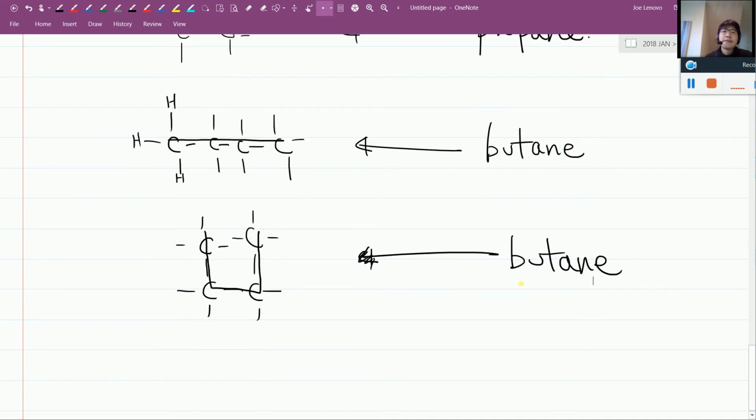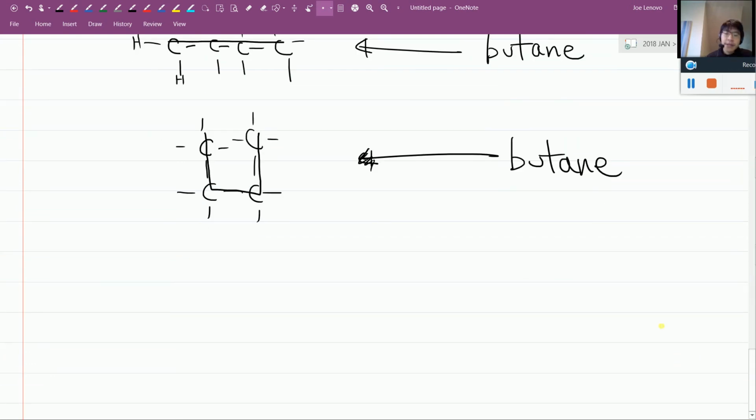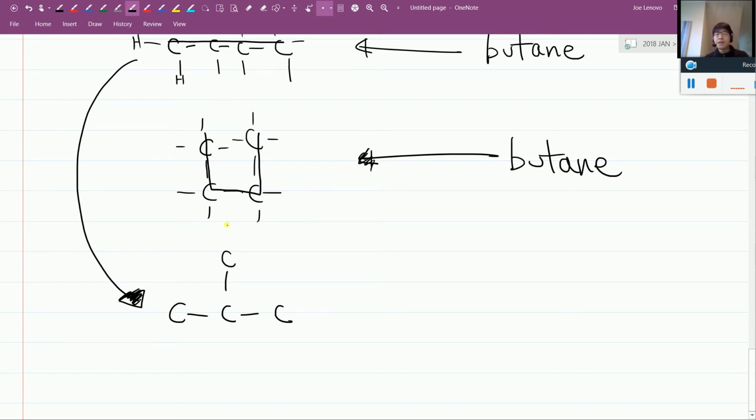What if I change it a little bit? There are a few things I can do with this. What if I place one carbon right there at the top? To change from the straight line to the third structure that was there, I cannot just bend it over. I have to break some bonding.